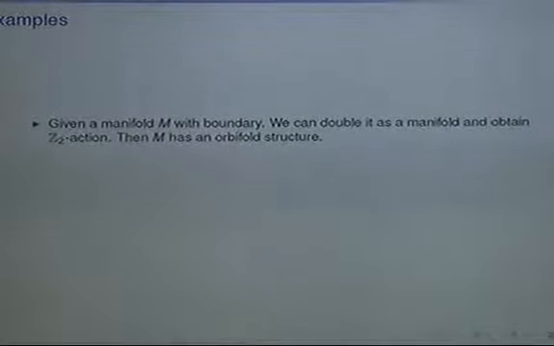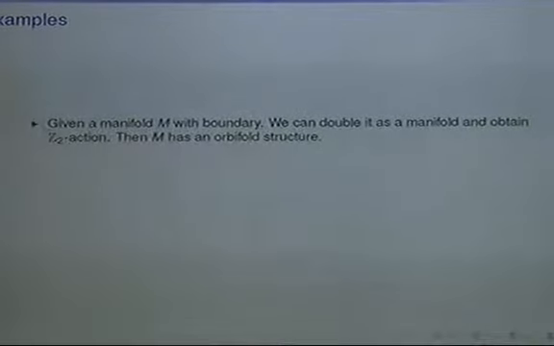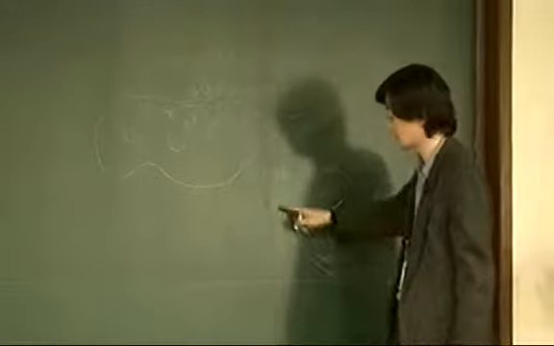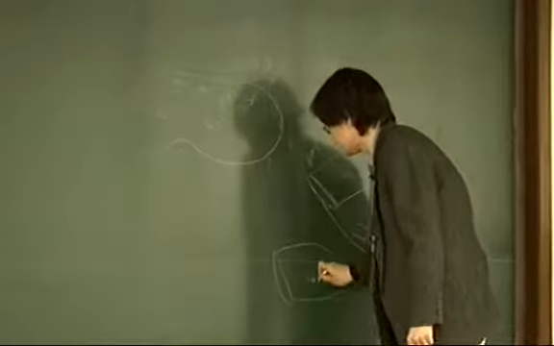So you get a doubled manifold, in fact. The main point is that now you can act by G2, which will switch these two components, and every point in the boundary will be fixed. So what you end up with as a quotient space is this one.